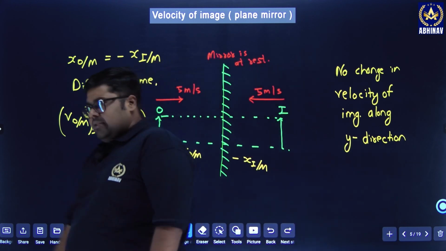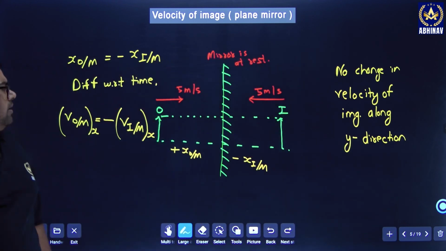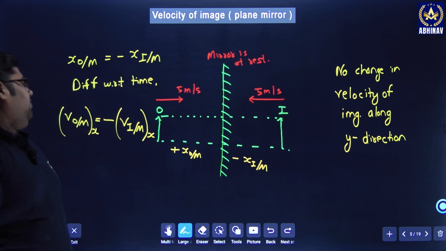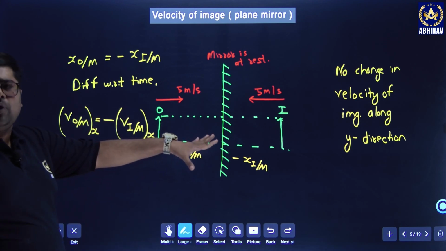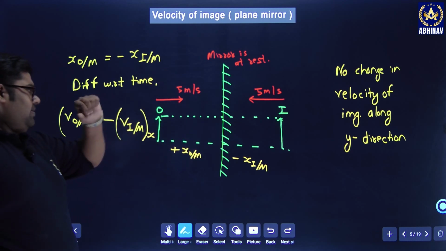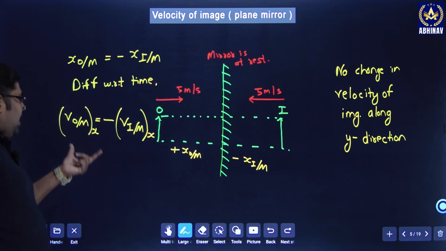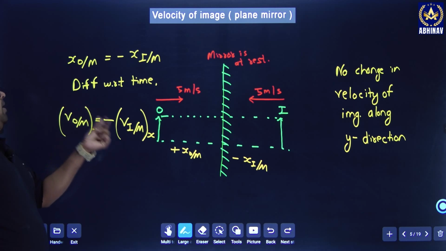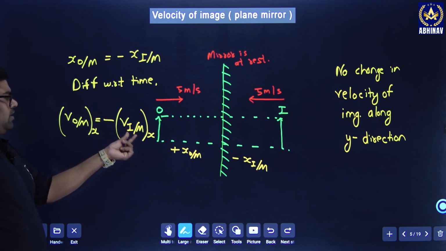So this is an important concept that you are especially going to learn in the case of plane mirrors. No change is going to happen along the y-axis, but along the x-axis the velocity of the object with respect to the mirror is equal to the negative velocity of the image with respect to the mirror.